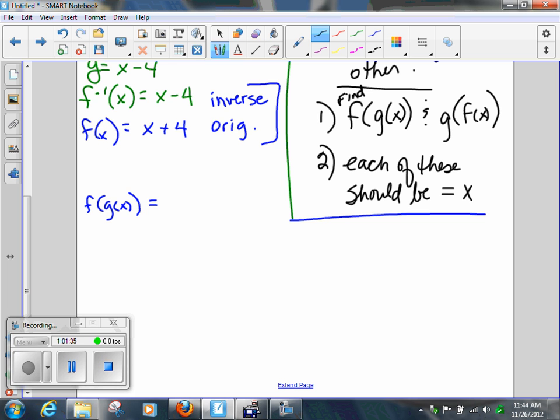My g function is my inverse, so think g of x, okay? So my inverse is x minus 4, right? Now I've got to substitute x minus 4 into my f function. So that's going to be x minus 4 plus 4.